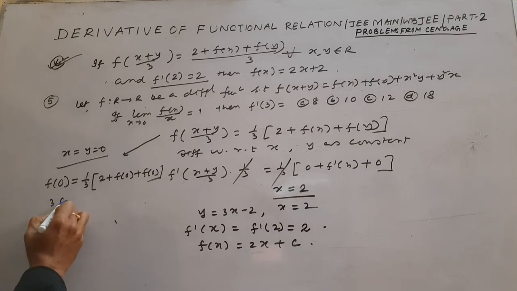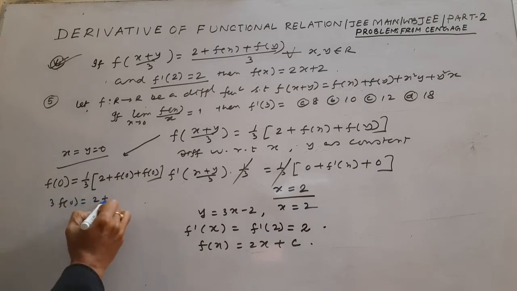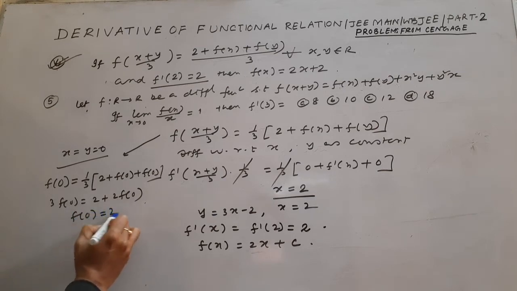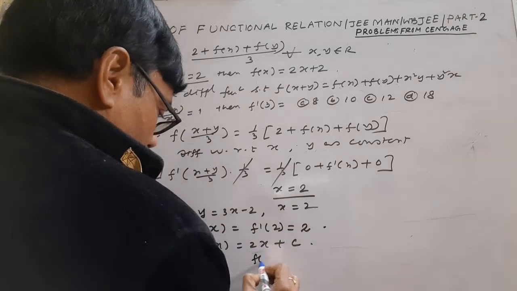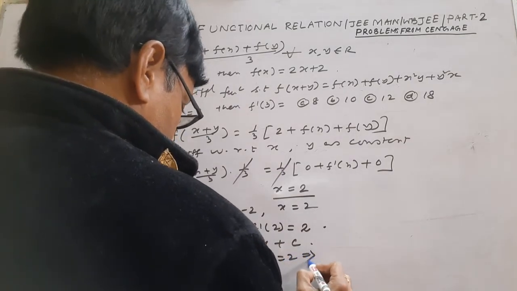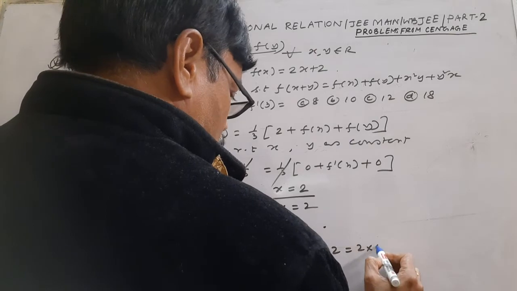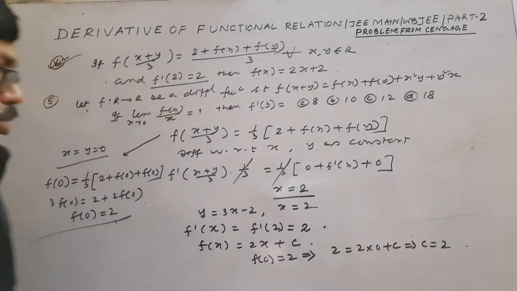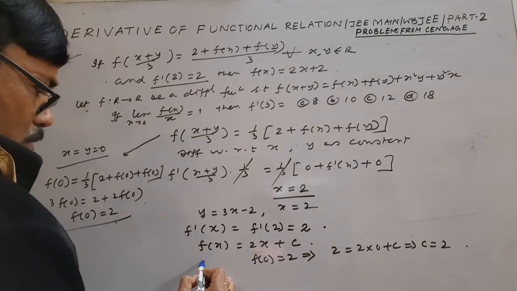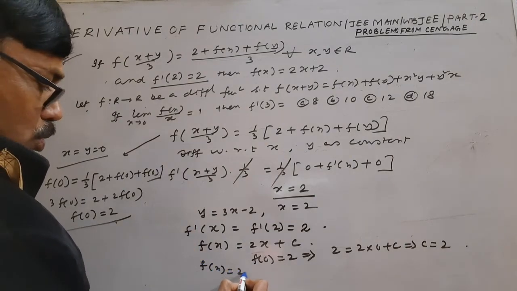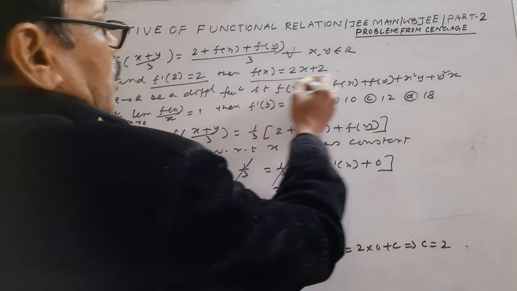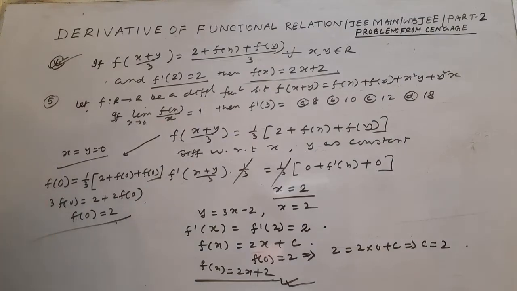So 3f(0) equals 2 plus 2f(0). So we are getting f(0) equals 2. So f(0) equals 2 implies 2 equals 2 into 0 plus c. So c equals 2. So what is the form of f(x)? f(x) equals 2x plus 2.